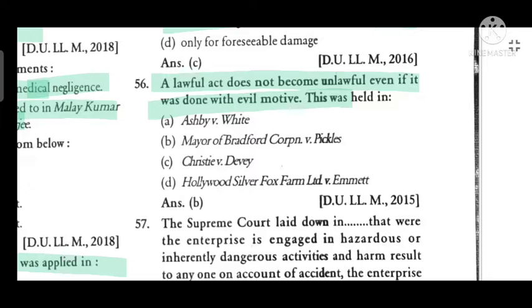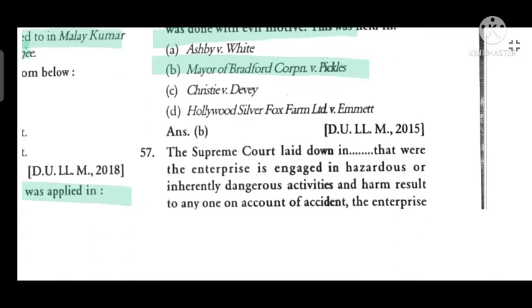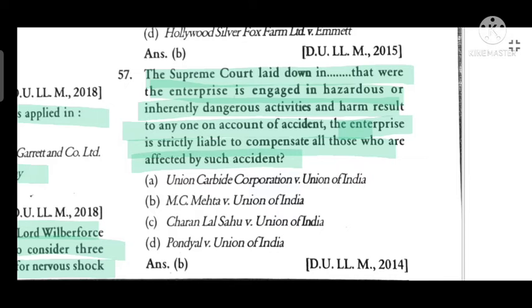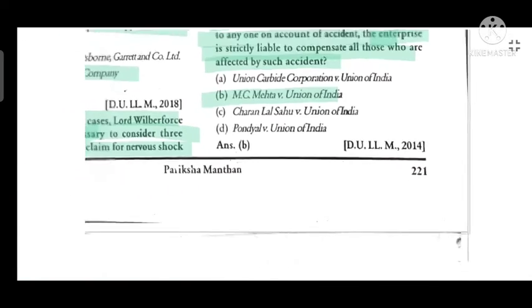This was held in Mayor of Bradford Corporation versus Pickles. The Supreme Court laid down that where an enterprise is engaged in a hazardous or inherently dangerous activity and harm results to anyone on account of an accident, the enterprise is strictly liable to compensate all those affected by the accident. MC Mehta versus Union of India.